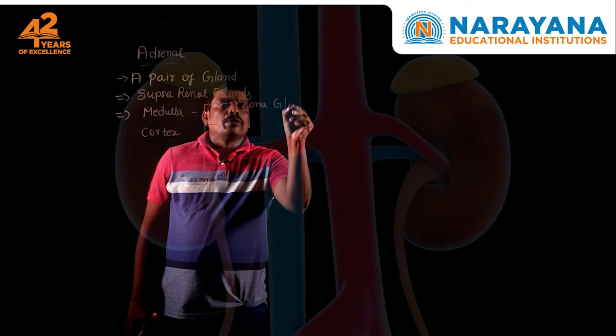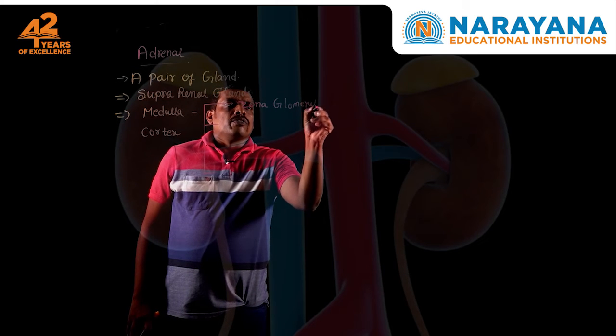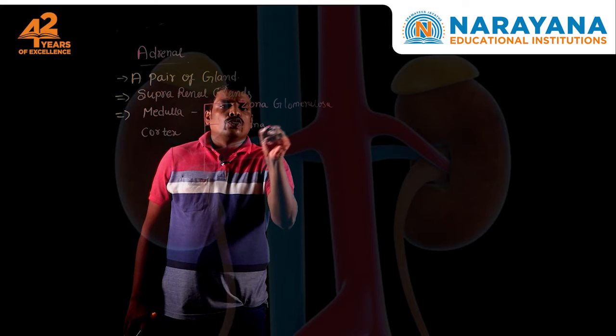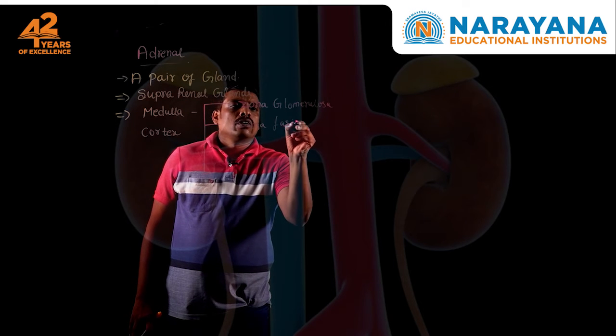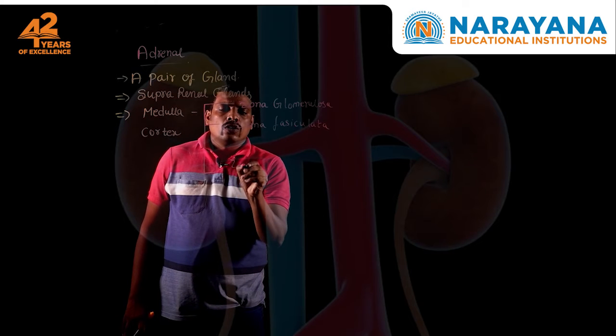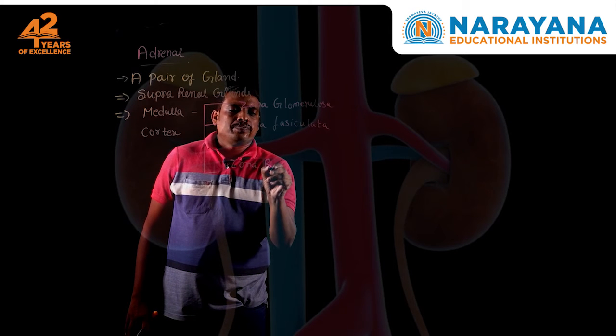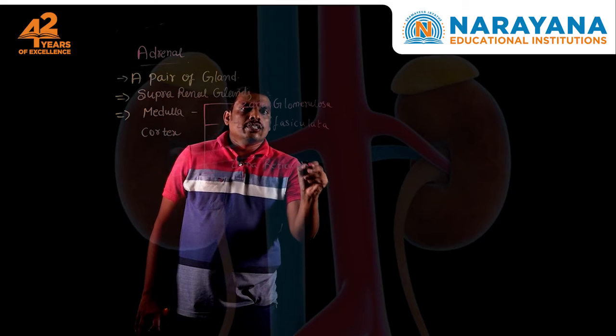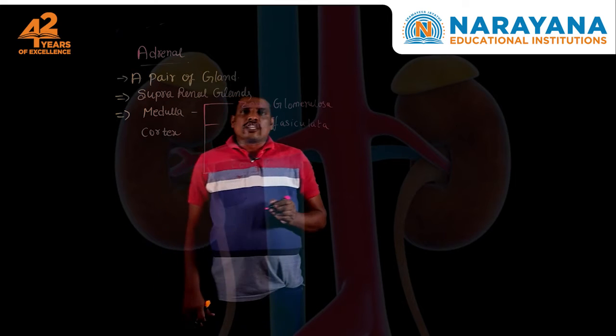Second one, zona fasciculata. And third one, zona reticularis. So here we have to learn the adrenal gland in depth.